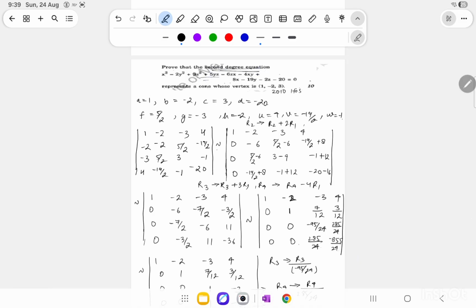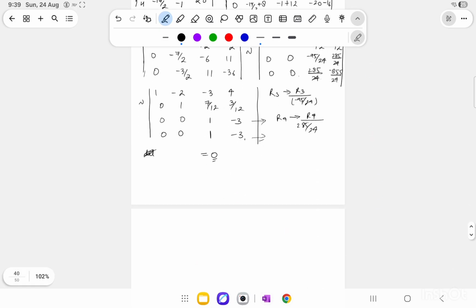So further we are supposed to find the vertex. So to find its vertex, what we can do is we can just reduce it into a homogeneous equation. So let's do that. So it will be homogeneous in x, y, z comma t.